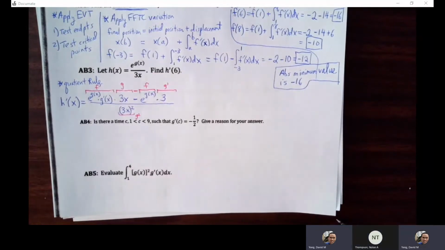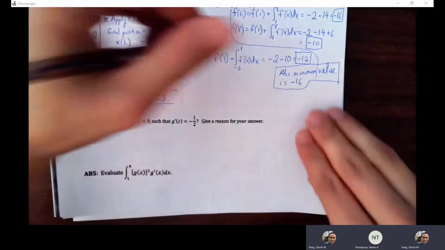All right, how does that look? Good. Okay. We're ready to replace all of our x's with 6.